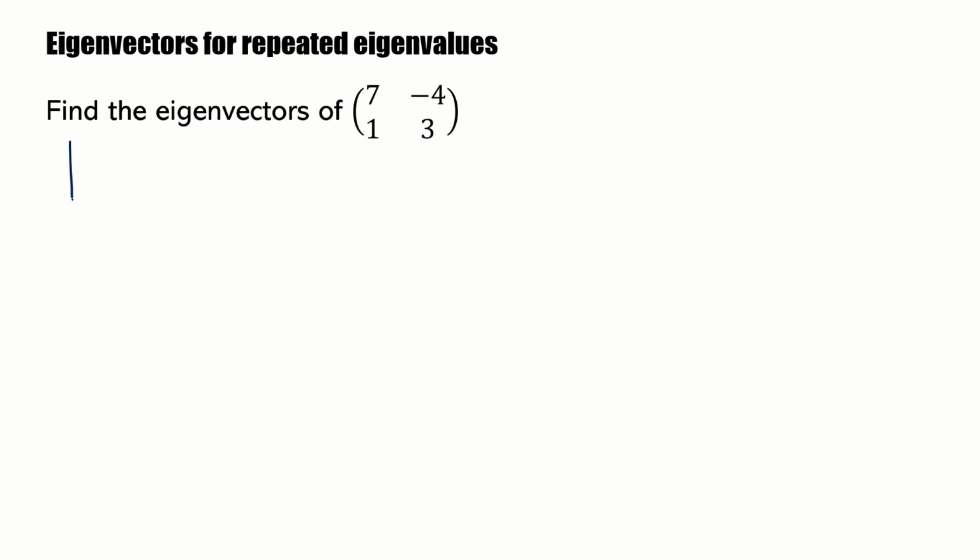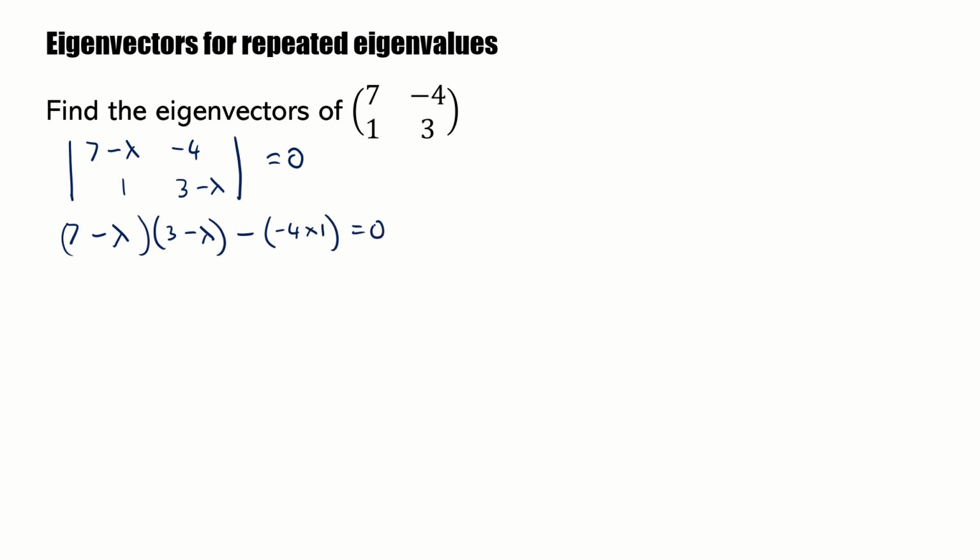So therefore we know that the determinant of 7 minus lambda, minus 4, 1, 3 minus lambda has got to equal 0 if lambda is the eigenvalues. So we end up with 7 minus lambda times 3 minus lambda, minus 4 times 1, and that's set equal to 0.